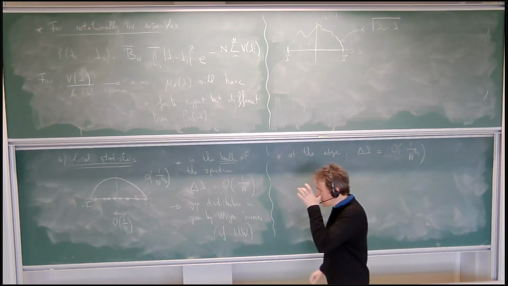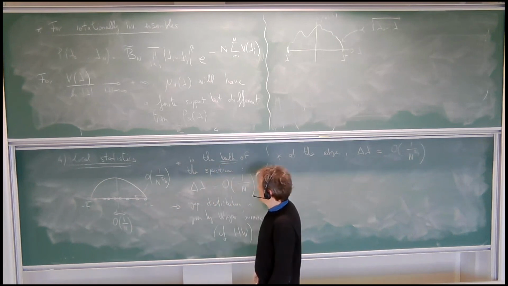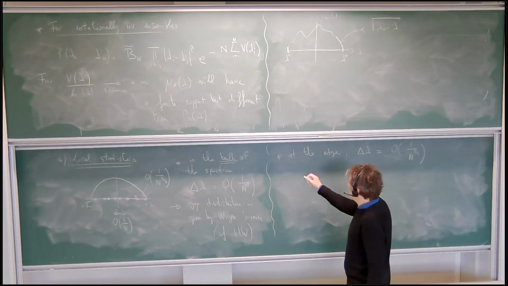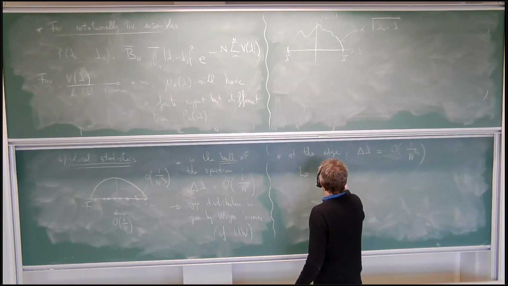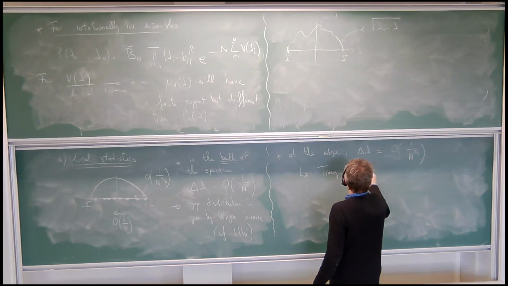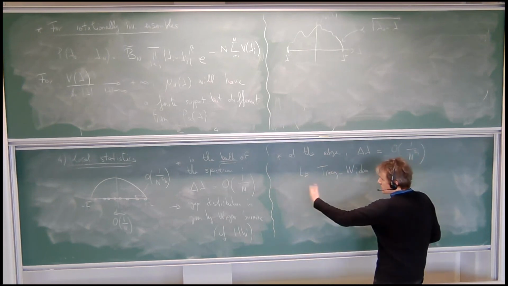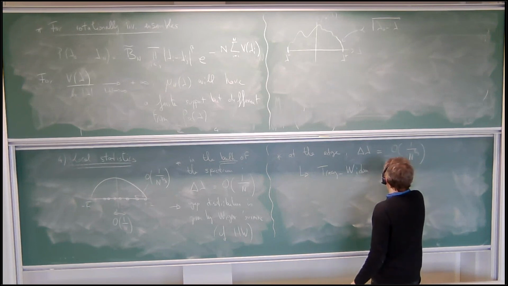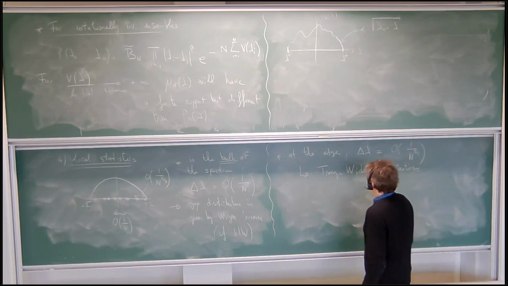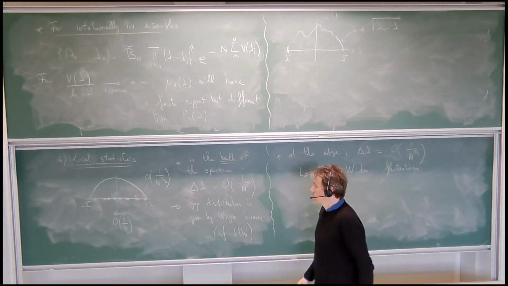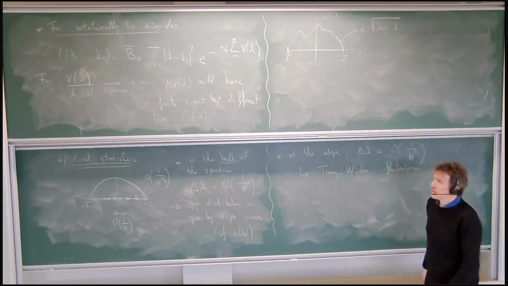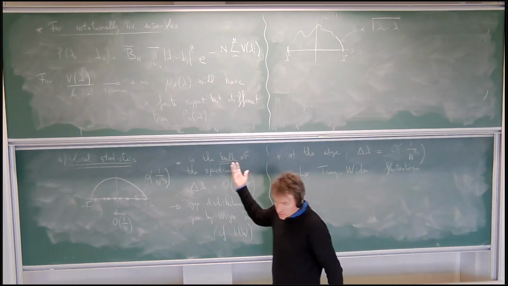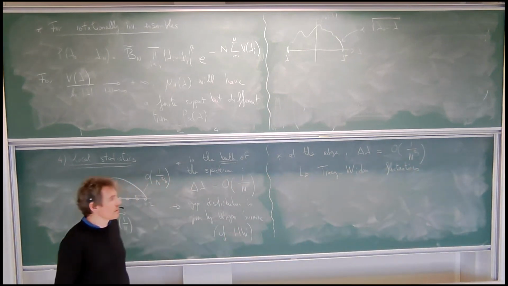And the statistics at the edge turn out to be very, very different, and they are described by what is now known under the name of the Tracy-Widom fluctuations, from the names of the two people who discovered this regime. Close to this edge, the fluctuations of the eigenvalues are extremely rich, and they are connected to a wide variety of problems, in particular directed polymers in random media.